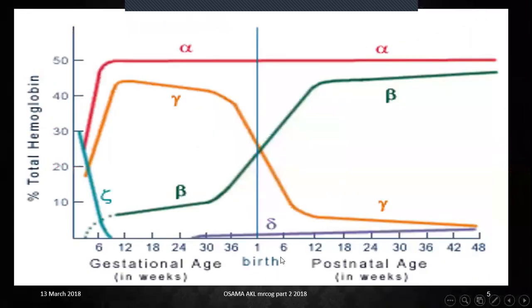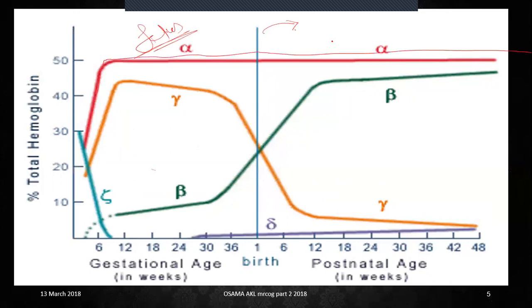As you see here, this is birth. So here we are talking about embryo or fetus, and here what is after birth. Always there should be two alpha subunits. As you see, if you are talking about adult, child, infant, embryo, alpha subunits should be present.